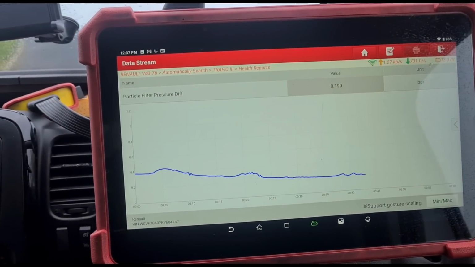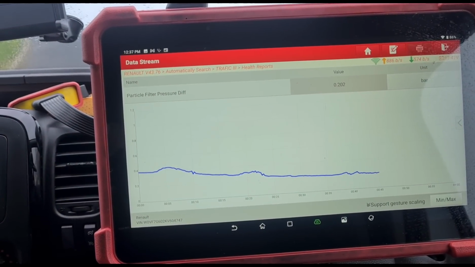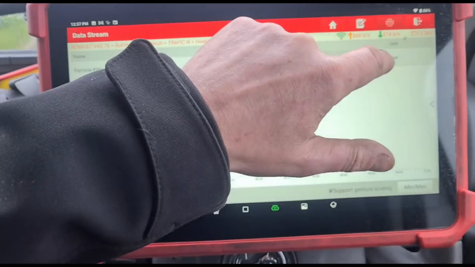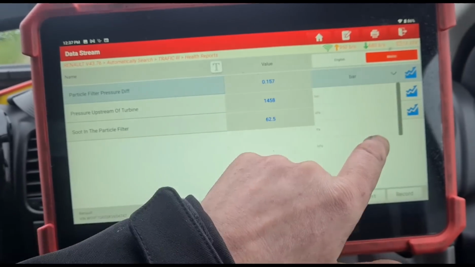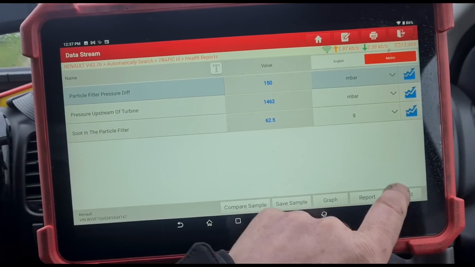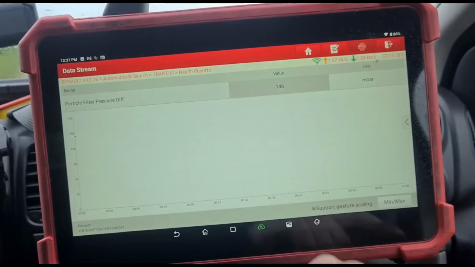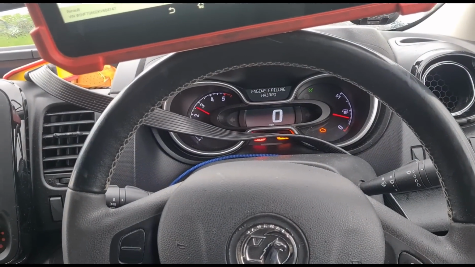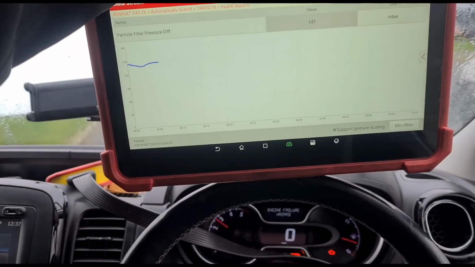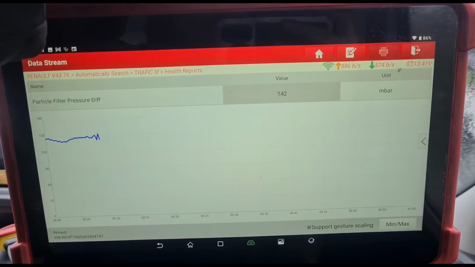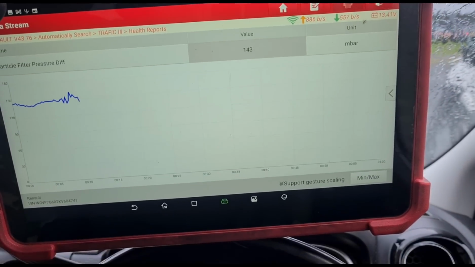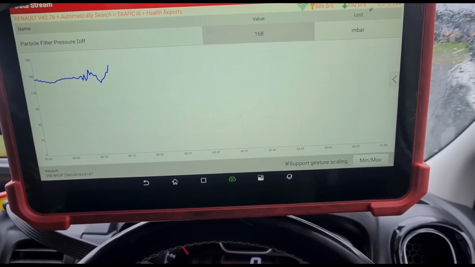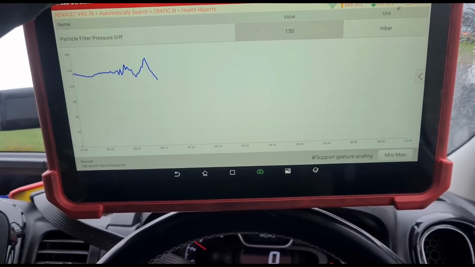It's really hard to get the revs to stay in one place, but we get the rough idea there. Let's try and change that to millibars and go back to the graph. So where do I want to see these numbers? I want to see these numbers down around 50 to 60 millibars if I can, and under 10 at idle.